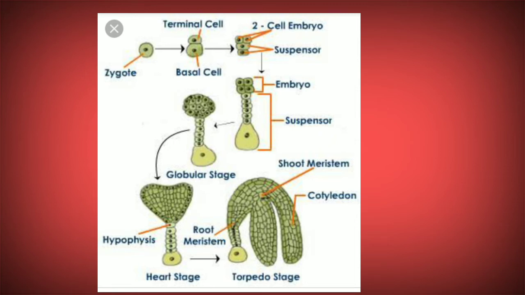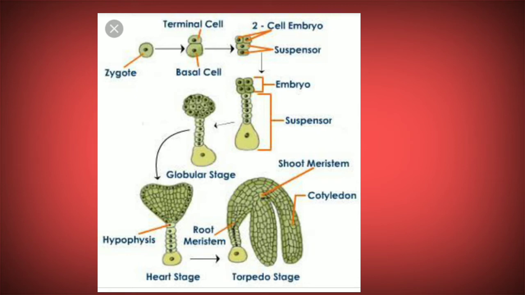So now let's concentrate on the pro-embryo, which is a 16-cell structure now, and it is globular in shape. In the diagram you can see the globular stage, which is a 16-celled pro-embryo. Now this 16-cell pro-embryo undergoes repeated cell division both anticlinally and periclinally, and it develops a heart-shaped structure.